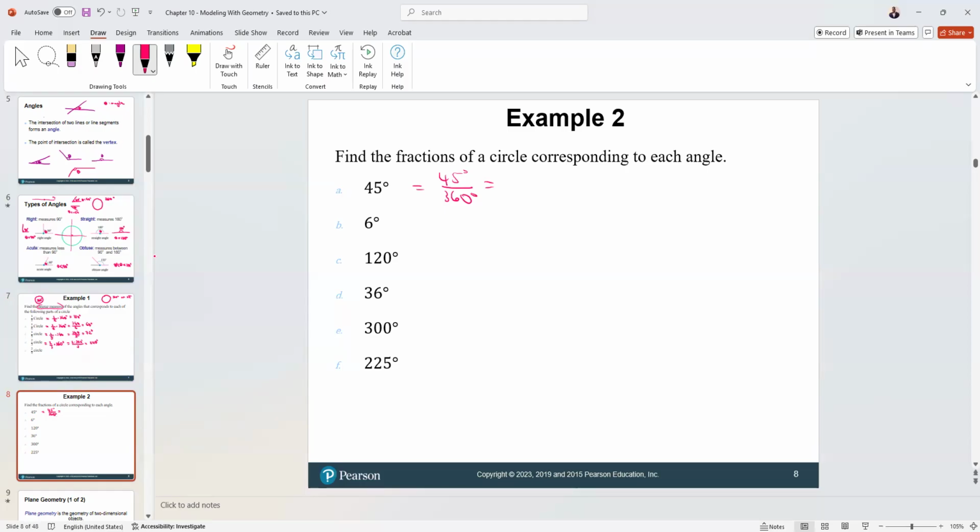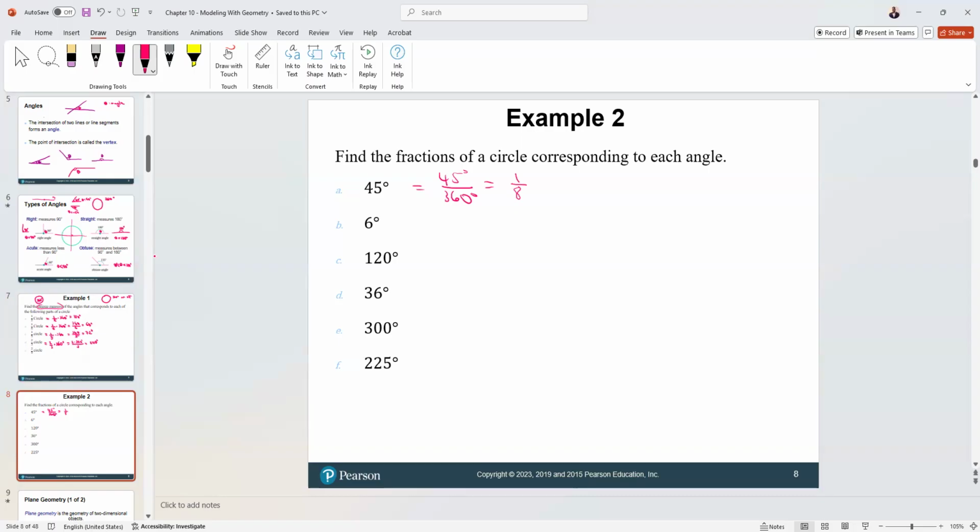All right. So when they ask you to do this type of problem, it's really doing some conversions, which should be fine, right? Now, what we do: 45 degrees divided by 360, of course, that would give you 1/8. We may simplify because 45, how many 45s do you have in 360?